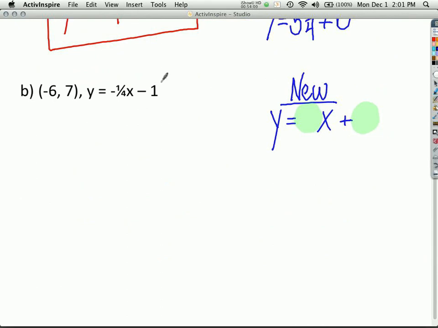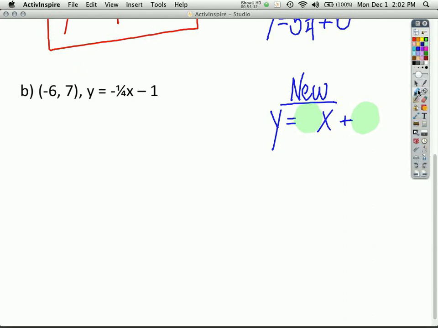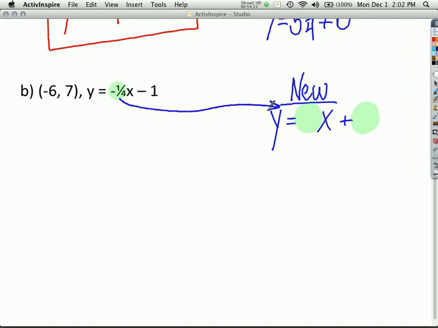What form is this equation in? What form is that? Tatiana? Slope-intercept form. So again, the slope is easy to find. It's right here. And again, we just have to do a transfer into our new line. However, what was the magic word in this question?